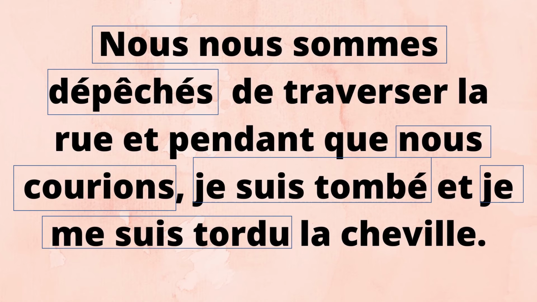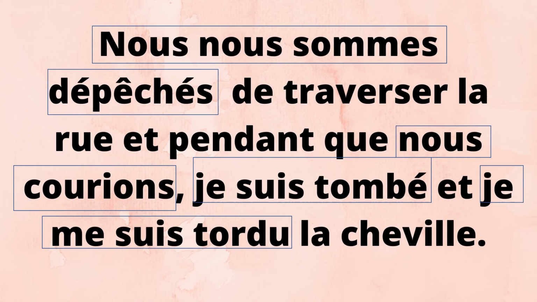I twisted my ankle. So the verb to twist here is se tordre. It's an RE verb and it's reflexive, which means we need to have the reflexive pronoun me followed by the helping verb, which is a conjugation of être. Of course, everything must be in agreement with the subject. So the subject is je.